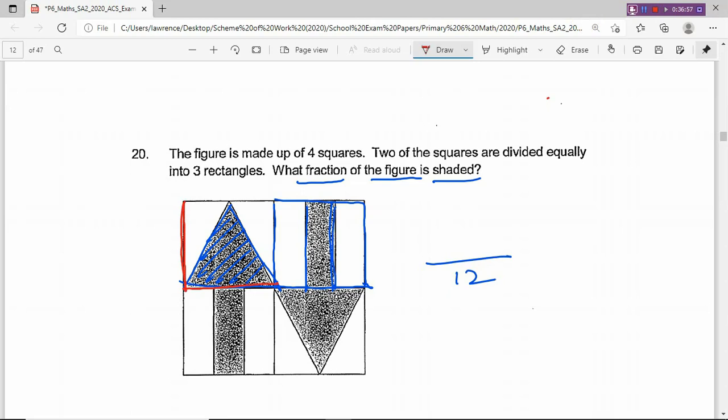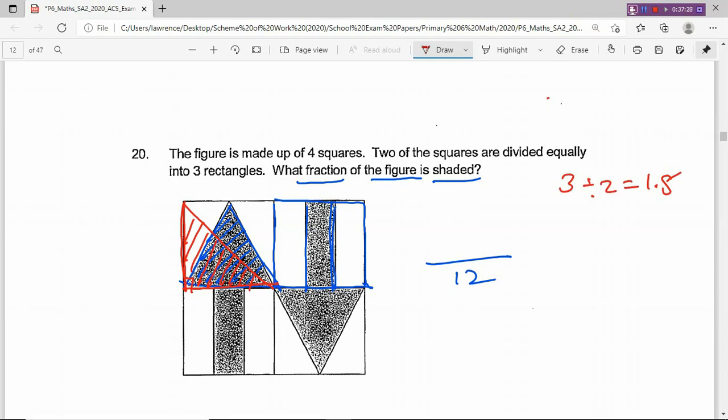And this right angle triangle also has the same area as half the square. So that tells you that you have half a square shaded, and if a square has 3 rectangles inside, then half of a square, you divide by 2, that will tell you that 1.5 rectangles is shaded.